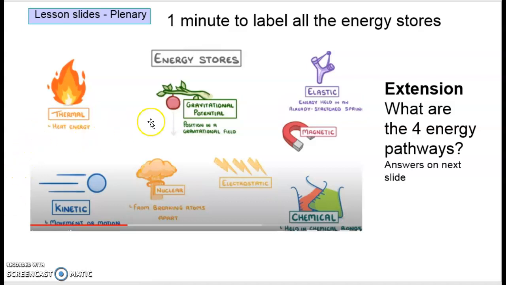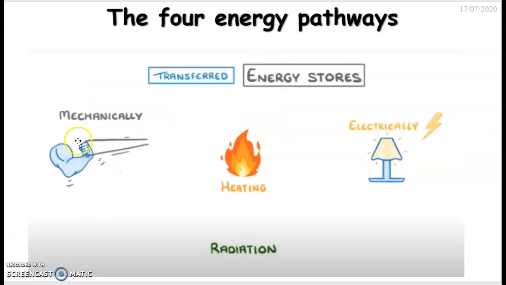We've got thermal energy, gravitational potential, elastic, magnetic, chemical, electrostatic, nuclear, and kinetic. Okay, now did we get the 4 pathways? We wrote about these earlier. So mechanically, moving something, we've got heating by an electrical current, and then radiating away. So heat and sound both radiate away from things.